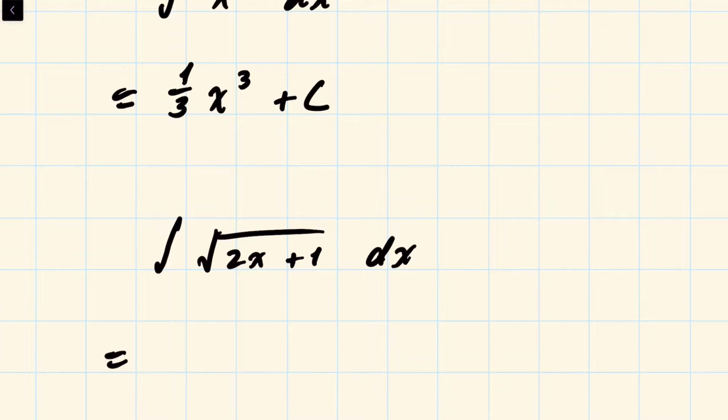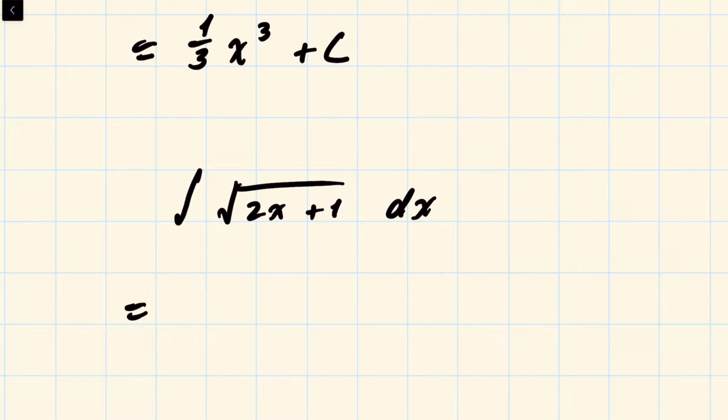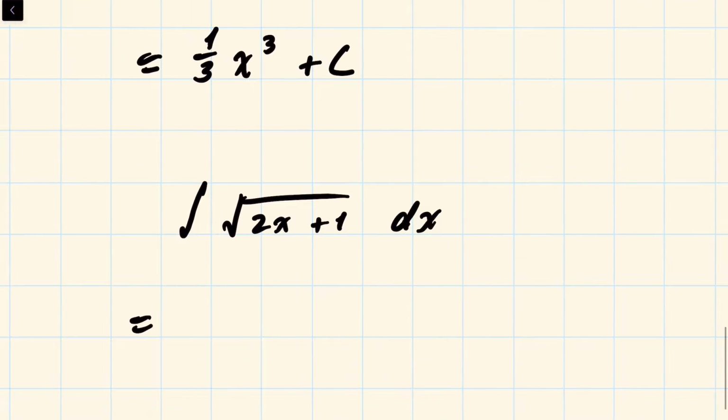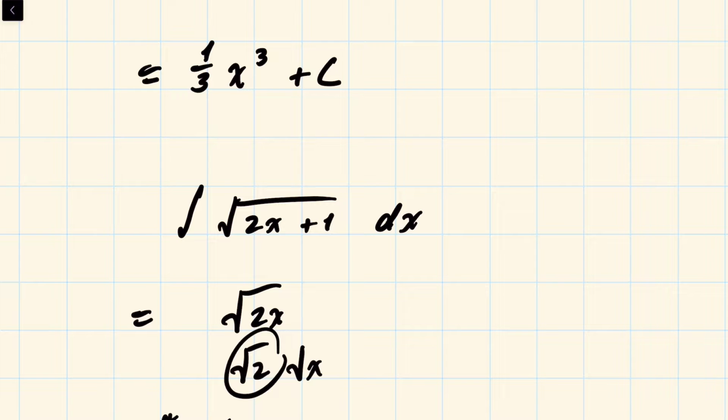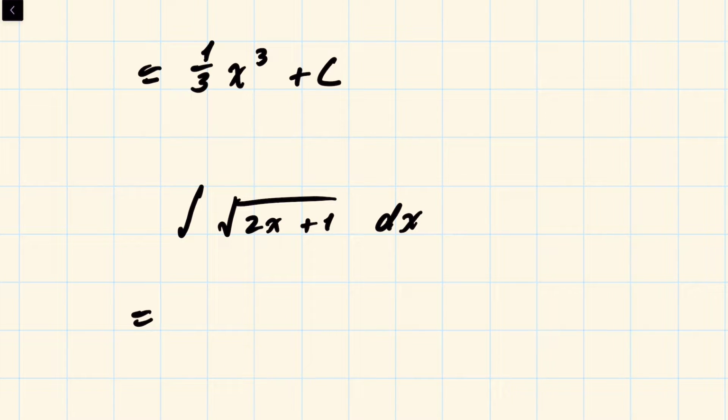We can't really go ahead with this because we've got this plus 1 underneath the radical here. Like if it was just root 2x, we could break it up, say root 2 times root x, and then that's like a constant and bring it in front of the integral, right? But no, we can't do that in this case.